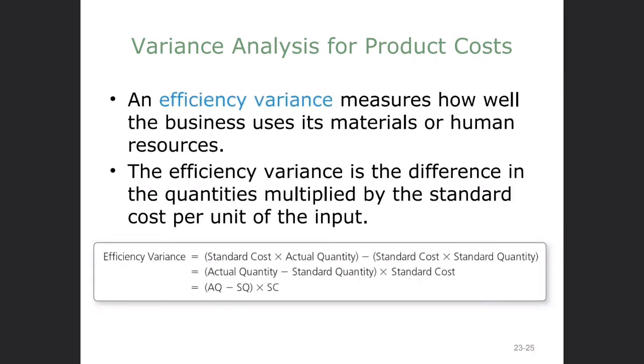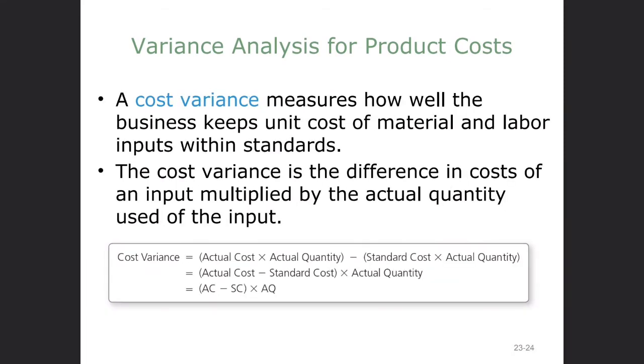An efficiency variance measures how well the business uses its materials or human resources. The efficiency variance is the difference in the quantities multiplied by the standard cost per unit of the input. And so this same thing, they're showing us here, our efficiency variance is our actual quantity minus our standard quantity times our standard cost.